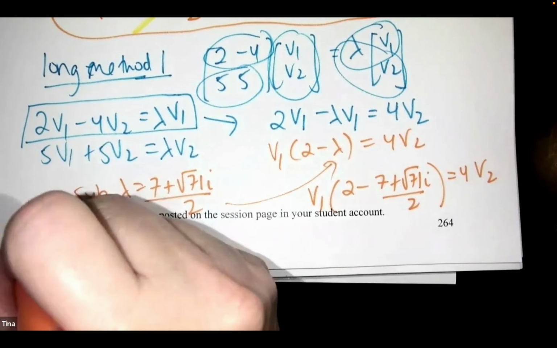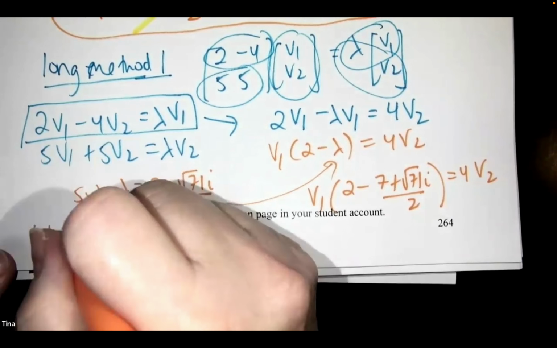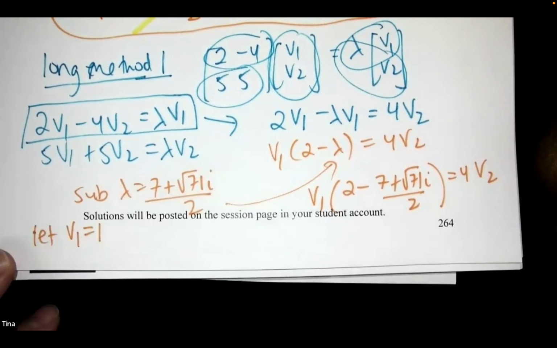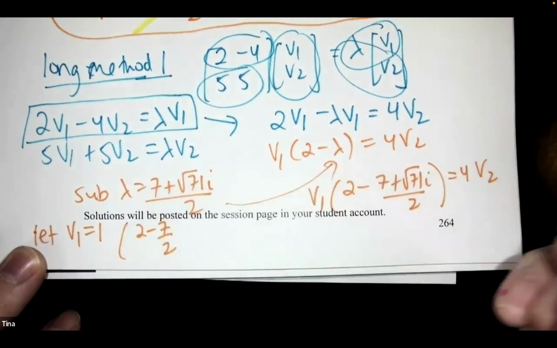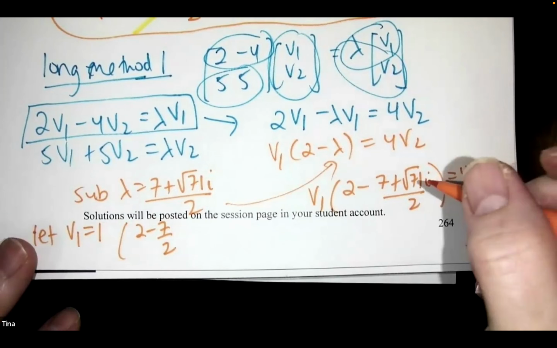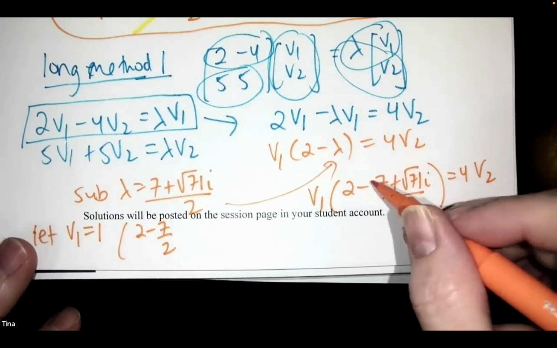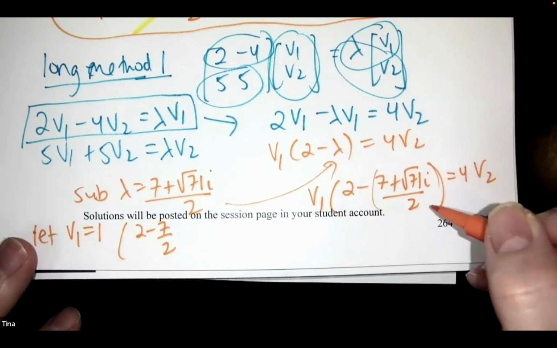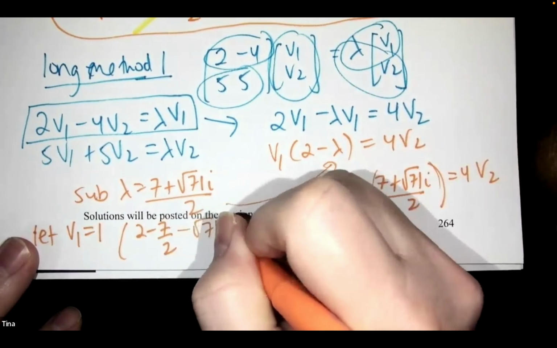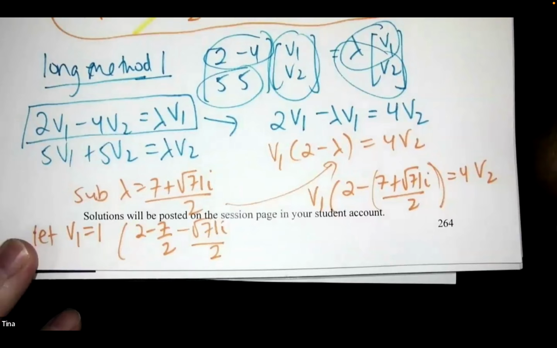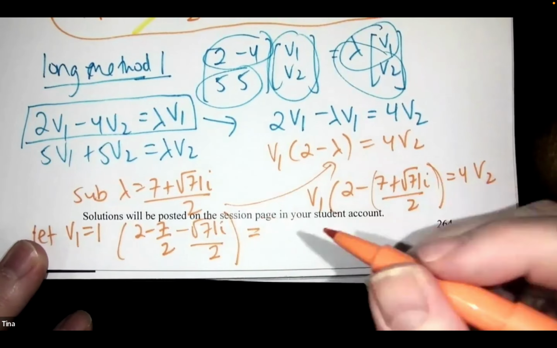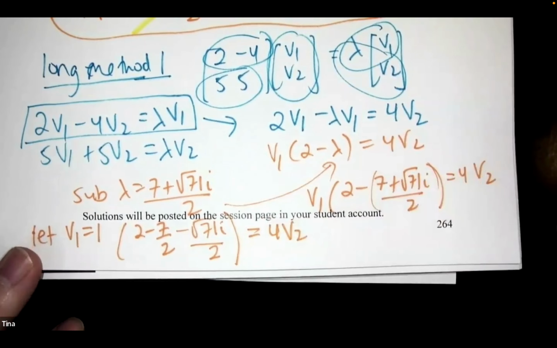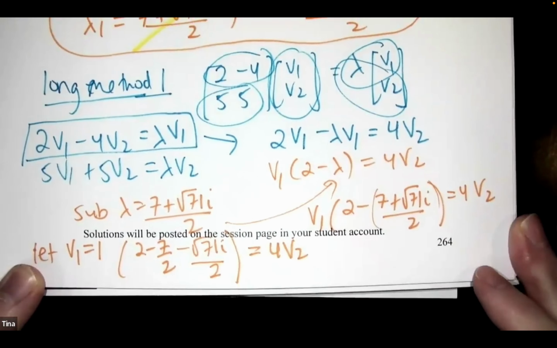So if I let v1 equal 1, then I've got 2 minus 7/2, and it's minus this whole thing. So 2 minus this lambda would be minus root 71i over 2 equals 4v2.